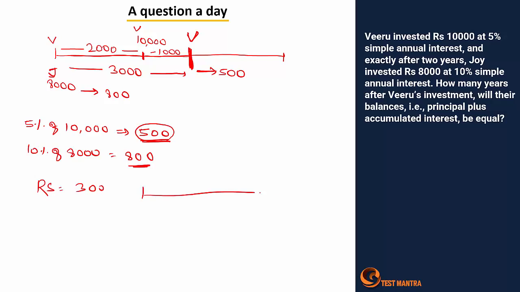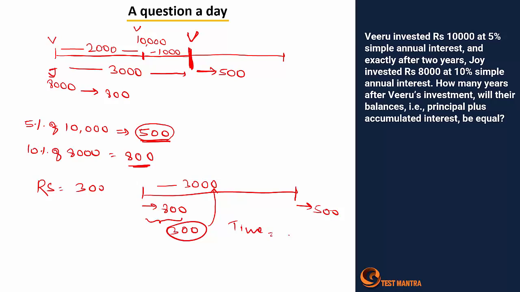Or the new case is this gap is 3,000. This person covers 500 here, this person covers 800. So relatively every time the gap is reduced by 300, and I have to cover 3,000. That means the time required in this case is 3,000 by 300, or else 10 years.